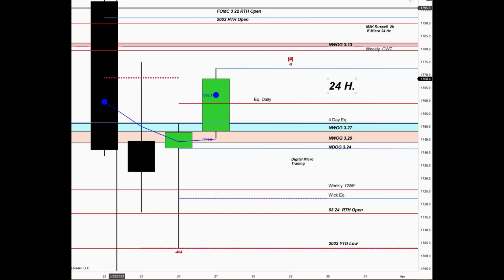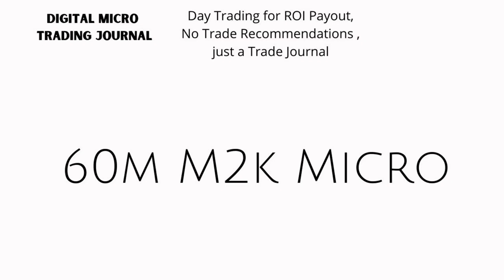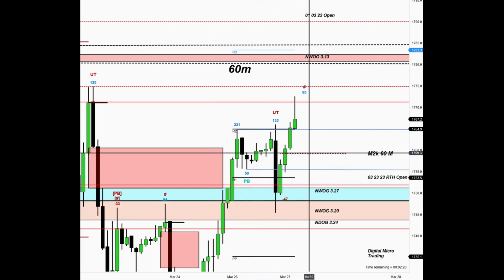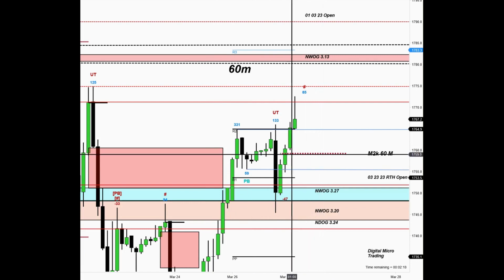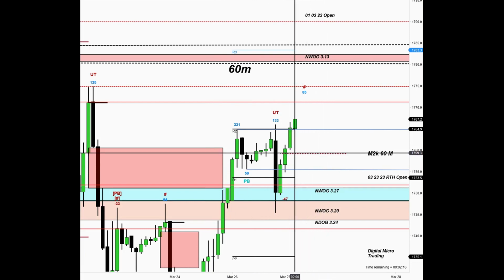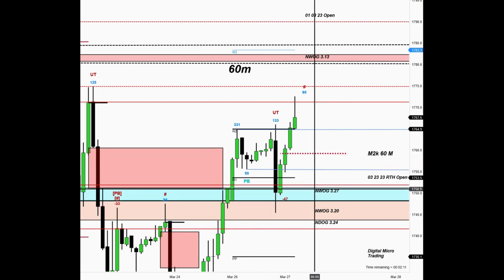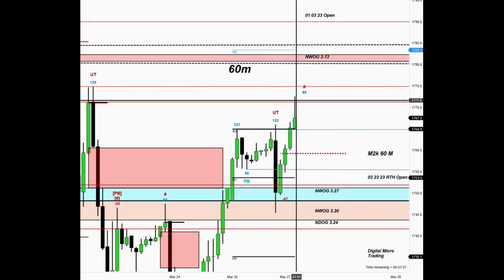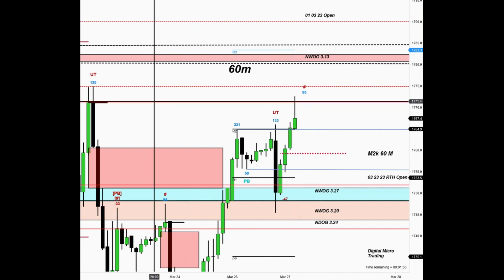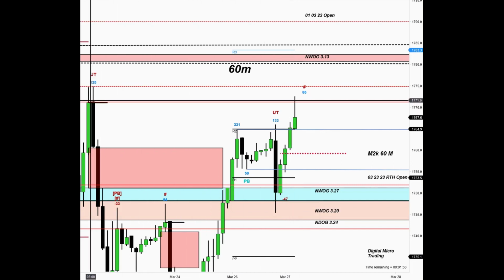Let's look at the smaller time frame, 60-minute next. Okay, this red dotted line on the 60-minute is what I pointed out on the equilibrium point on the daily. And of course, the new week open gap stacked. Monday's Globex have reached basically a relative high equal to March 23rd right here.